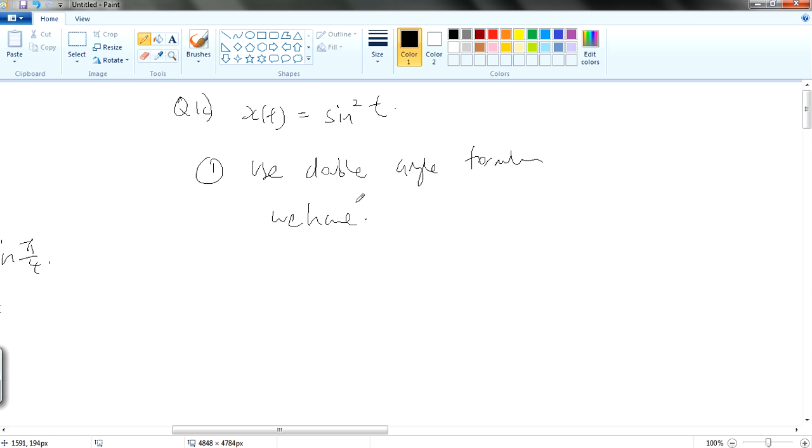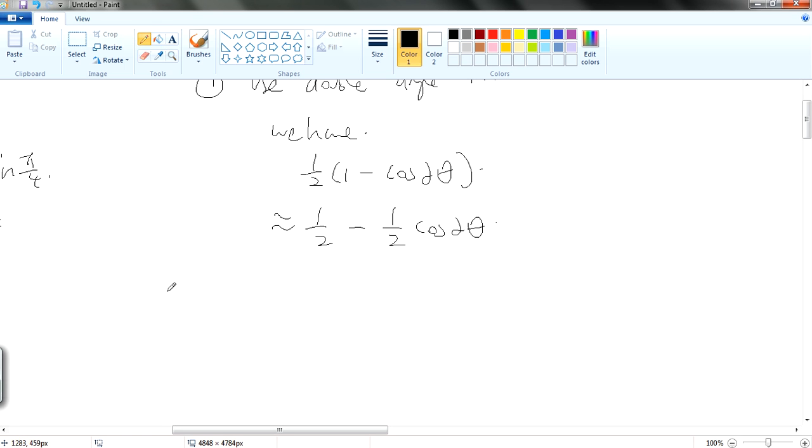Maybe I should refer back to the formula. So we have half times (1 minus cosine 2 theta). And if you were to write it out, you will have half minus half cosine 2 theta, and use Euler's formula, sub in for cosine.